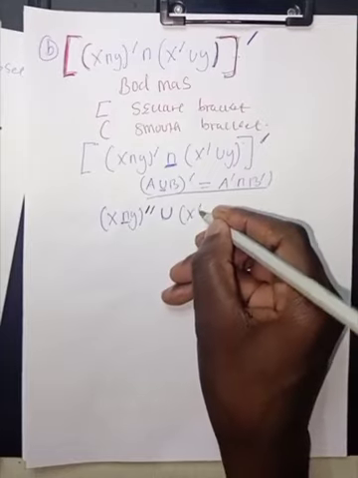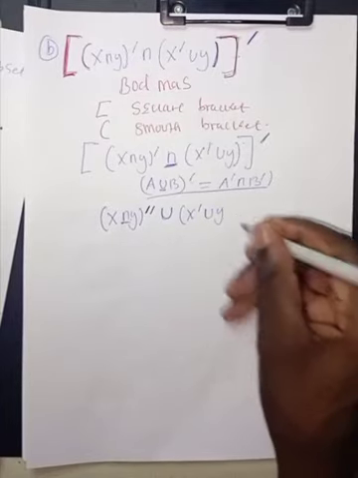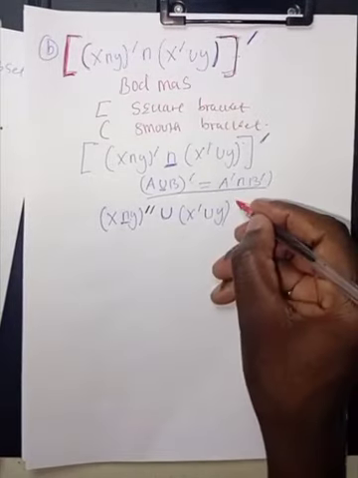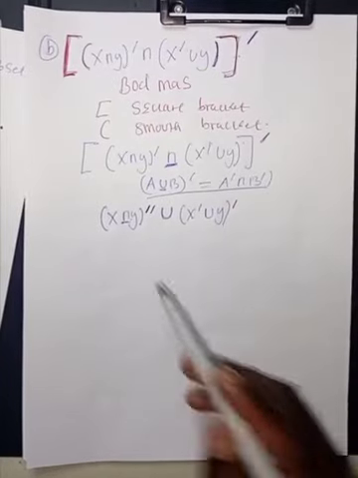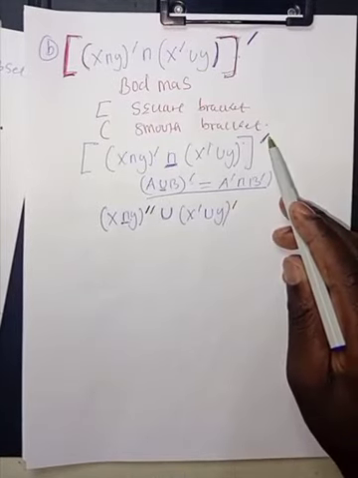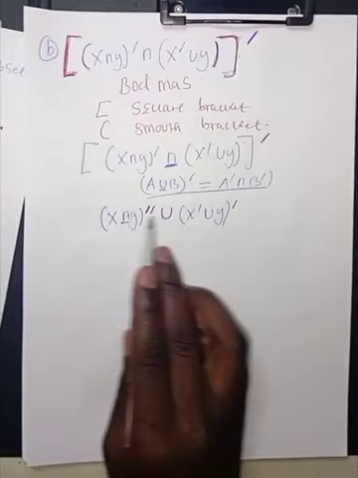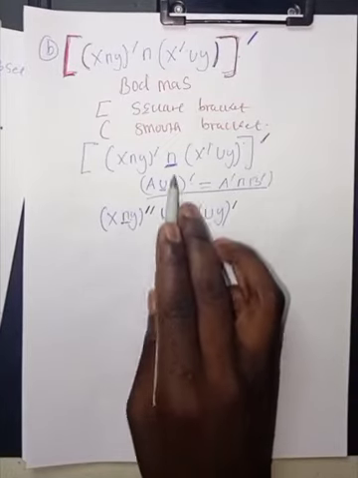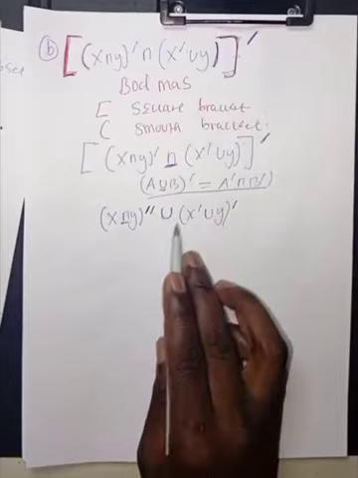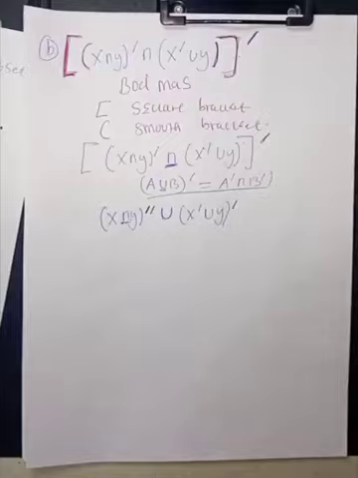Then we get x complement, which is already there, then union y, and then the complement outside. The complement in red is the one that we have gotten from outside, and it's the same complement that has changed the sign between this segment and this segment. We had intersection initially, it has become union because this complement has entered the two segments of sets.